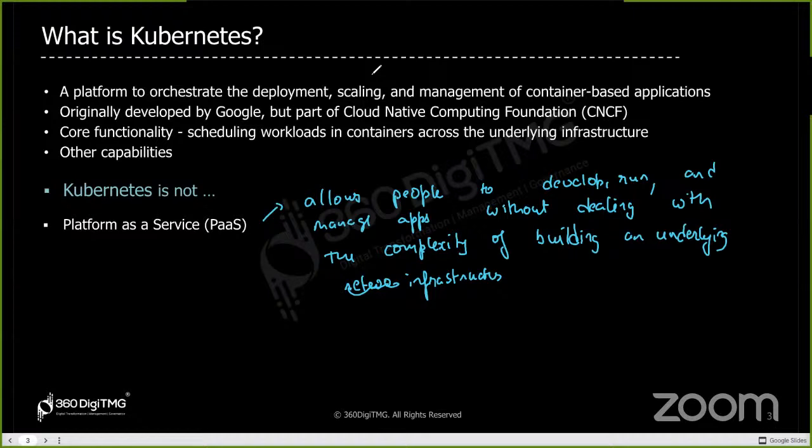Now Kubernetes falls as part of the CI/CD pipeline. So let's understand what this CI/CD pipeline is, what exactly is covered as part of the CI/CD pipeline, and what are the different tools which you can use.